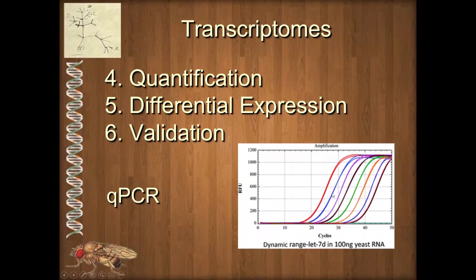And depending on when that maximum amplification is reached, you can extrapolate back to determine how much you started with. So things that amplify rapidly, we had a large number of copies to start with. Things that amplify more slowly, then we had fewer copies. And so if I've got a gene that I'm saying is expressed at X levels, I could validate that independently using qPCR. And if I get similar values, then I'm very confident in my original estimation based on my differential expression analysis.